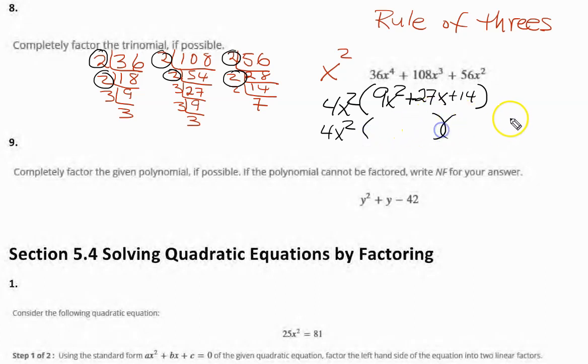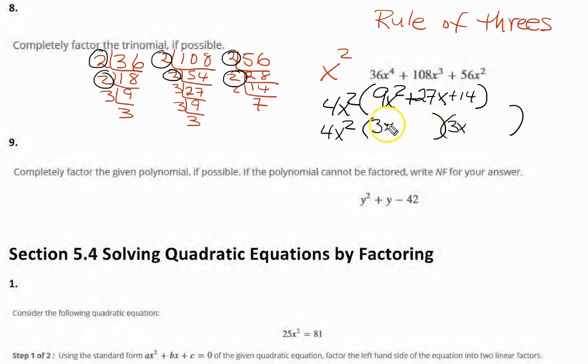2 sets of parentheses, and then we have to start to brainstorm. Now this is a real difficult one because here we have a 9. That could be a 9 and a 1, or it could be a 3x and a 3x.